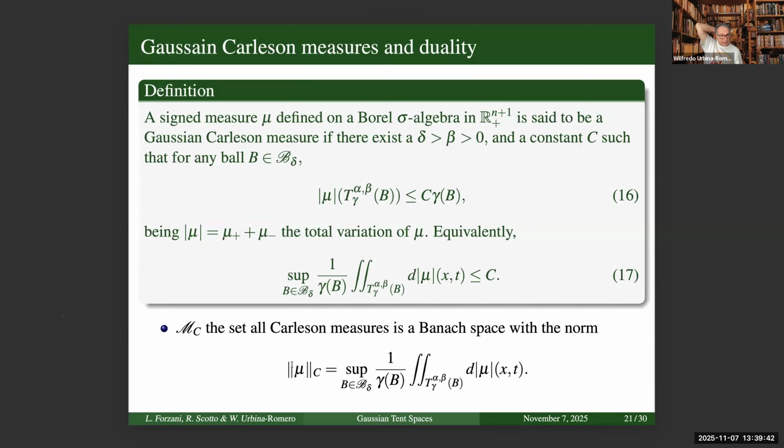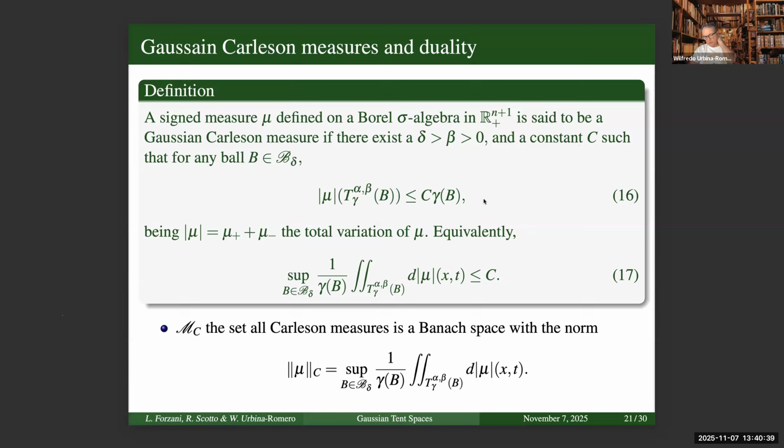Okay, so for duality, we consider the natural extension of what is called a Carleson measure. If I have a Borel measure mu in R^(n+1), we say it's a Gaussian Carleson measure if there are alpha bigger than beta bigger than 0 and a constant c such that for any fixed ball delta, remember, these are not any balls but admissible balls, the measure of the tent based on B is controlled by a constant times the Gaussian measure.